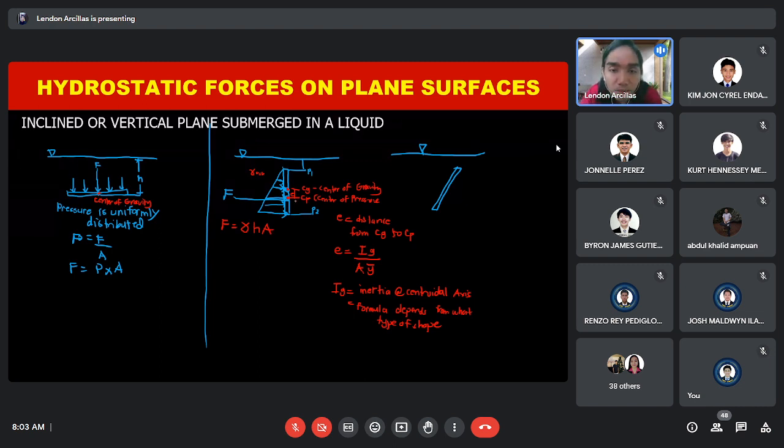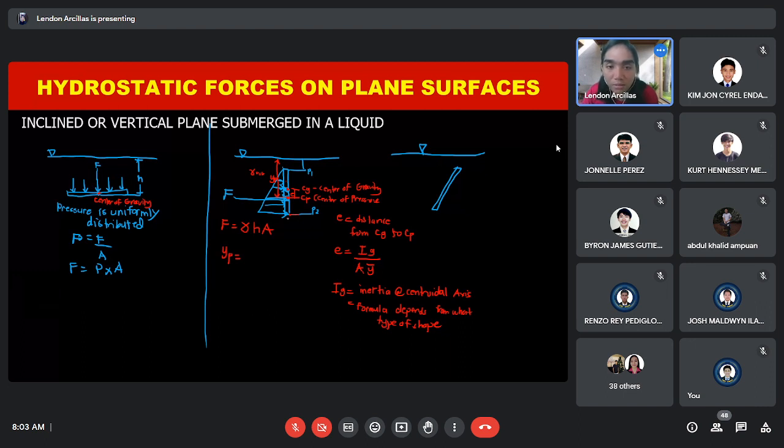To find the center of pressure, ang idea lang dyan is, example, papangalan natin ng YP. So, center of pressure, magdedepende kasi yan sa question. May mga question na, find the center of pressure from the bottom. Gets ba? Meron ding, find the center of pressure from the surface.